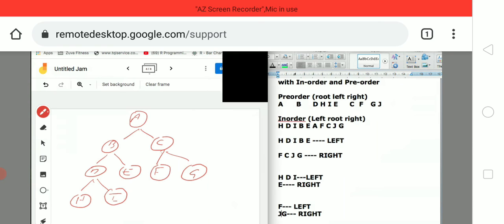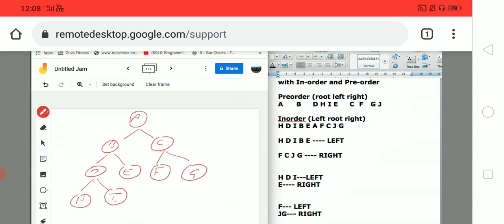So J becomes the child of G. So in this way we can construct a tree with the help of in-order and pre-order.